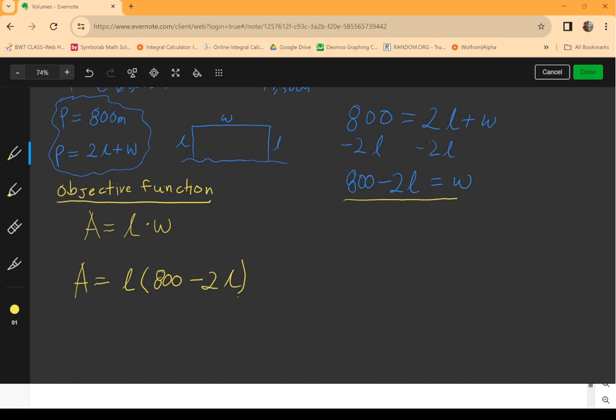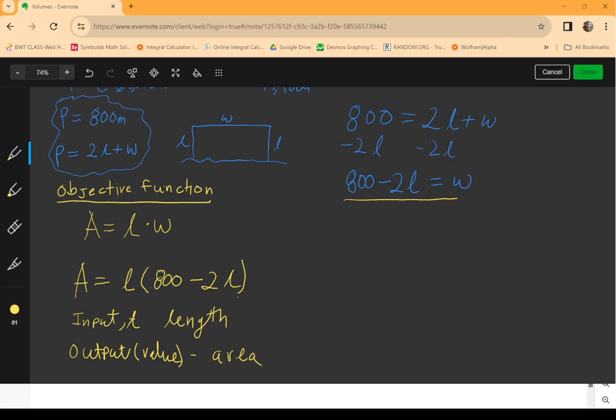The input here is the length, and the output, which is the value, is the area, right? What it's equal to.